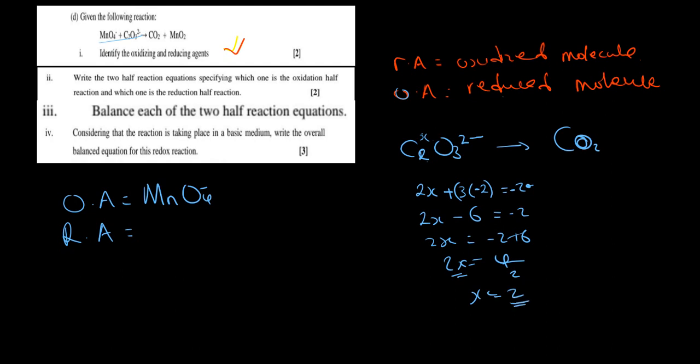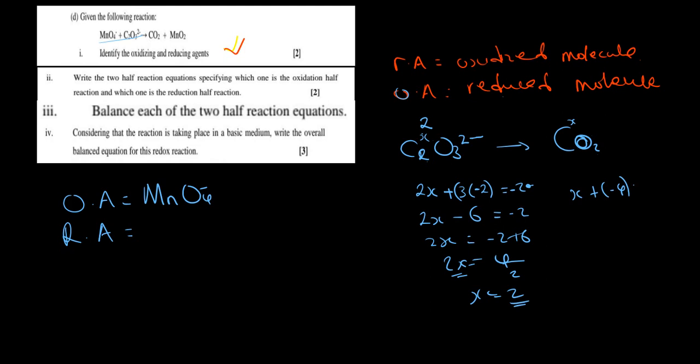So this is 2 here. What about this side? Here we say x there on top, then plus the charge there, which is negative 2, because for oxygen the charge is negative 2, so this time that is negative 4.